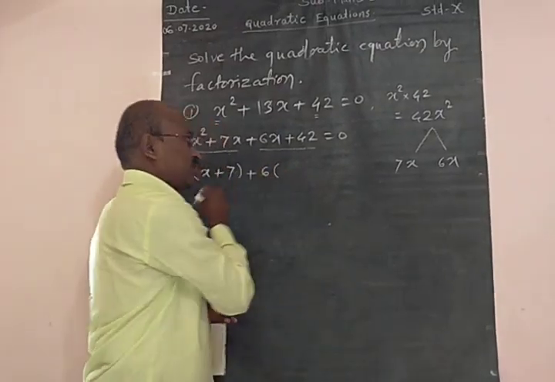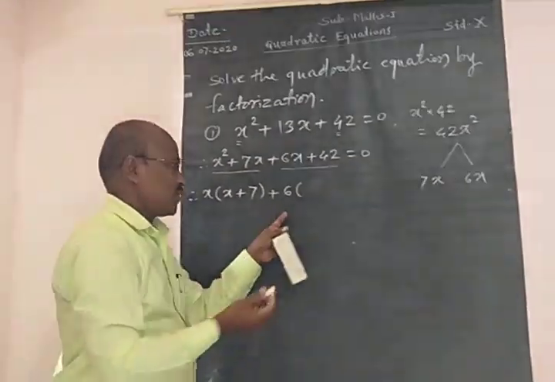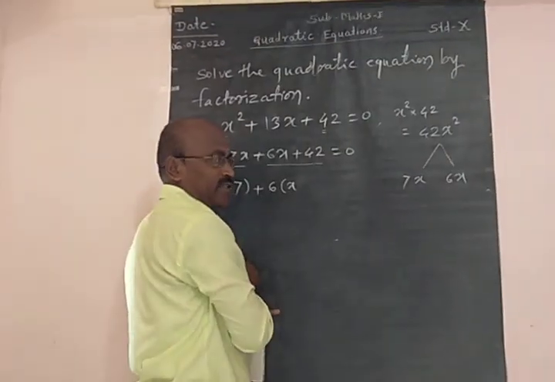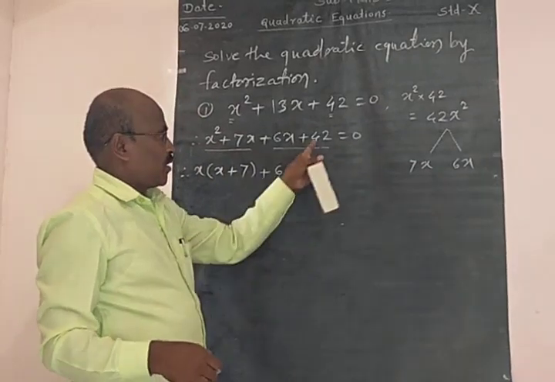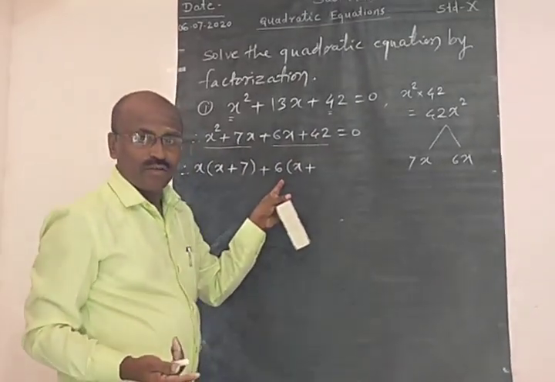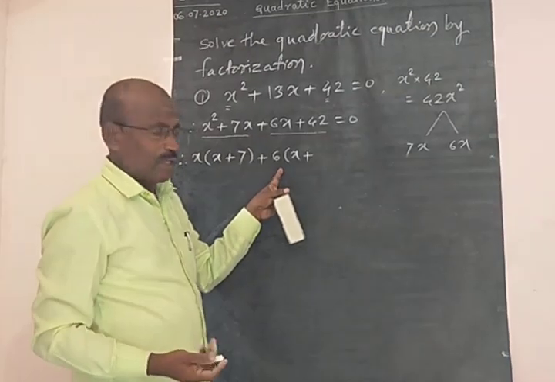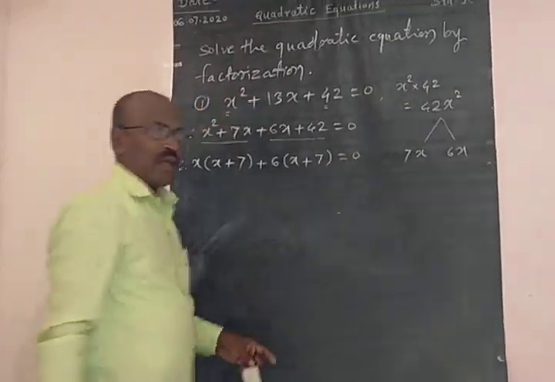Into the bracket, divide 6x by 6, we will get x. So write here x into the bracket, then the plus sign. Divide 42 by 6, what will we get? 6 sevens are 42, so we will get 7 here and complete the bracket.